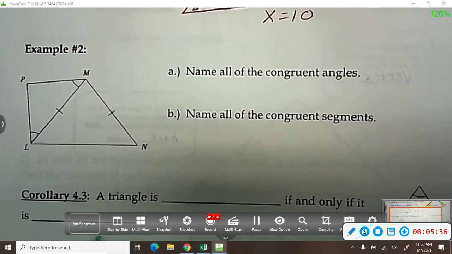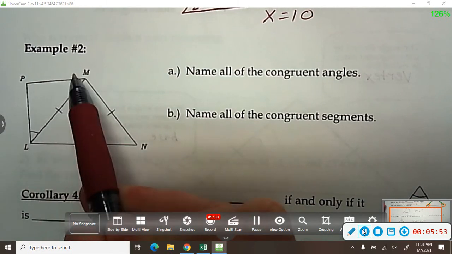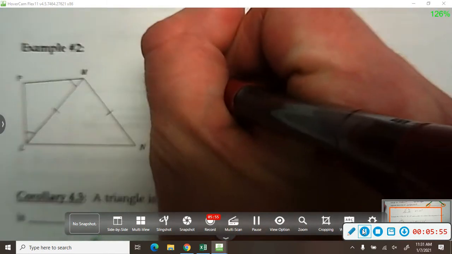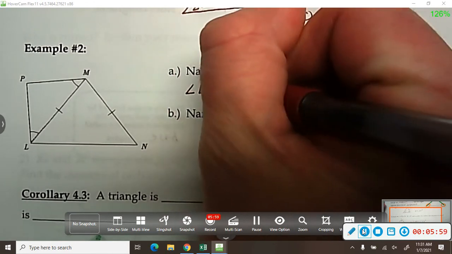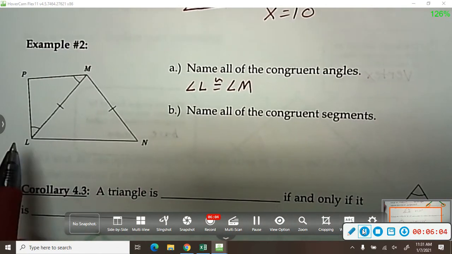Example 2, we're going to name all the congruent angles, and then we're going to name all the congruent segments. Well, first, I know that angle L equals angle M. How do I know that? That was a given. They told me that with this marking.